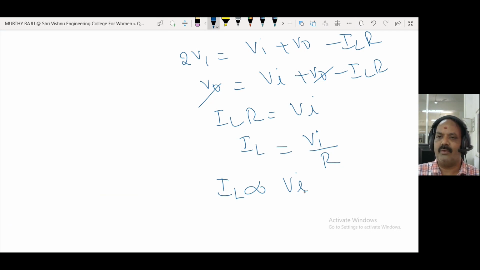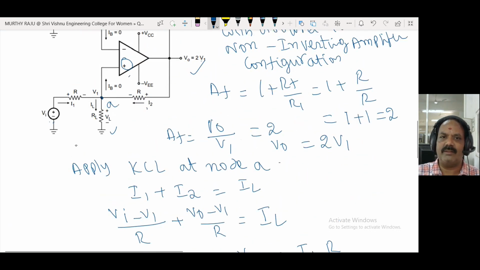This is the voltage to current converter. Input to the amplifier is VI and output current is IL.